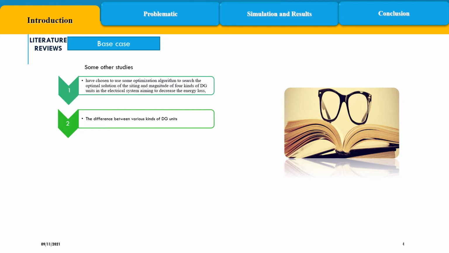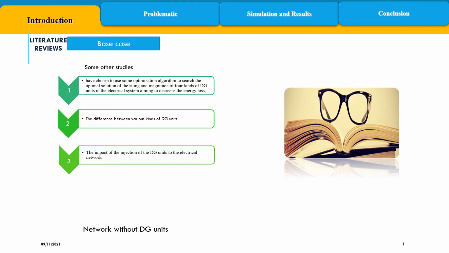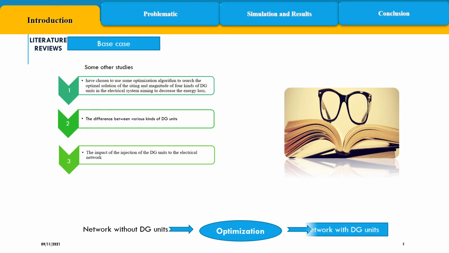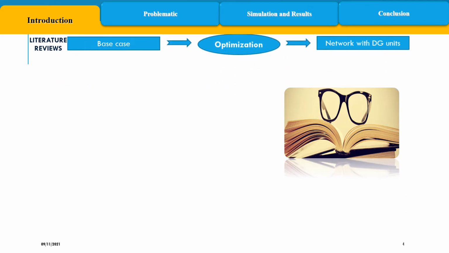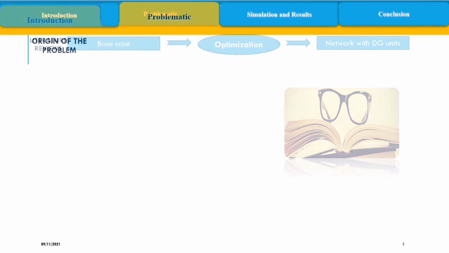Some other authors have focused on making a difference between various kinds of distributed generation units, and some other authors have focused on defining the impact of the injection of distributed generation on the electrical network. So our study will use an optimization algorithm to inject distributed generation into a network.